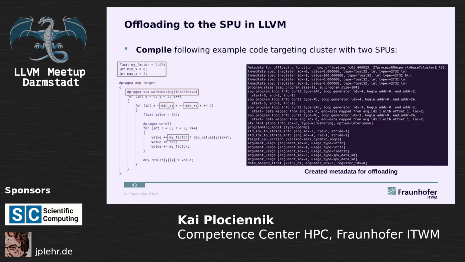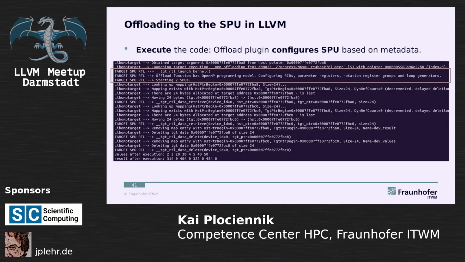So this is the metadata that tells the plugin at runtime that some loop generators have to be configured using data map values arriving from the host. And that's the basic idea how the offload plugin can configure this. And correspondingly, if you execute this program, that's again the libomptarget debug output. You see target RTL launch kernel, and that's the offload plugin for the SPU. And the plugin says, the offload function is in the OpenMP programming model.